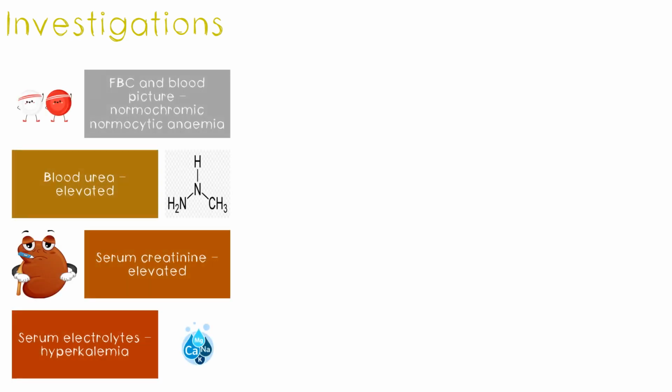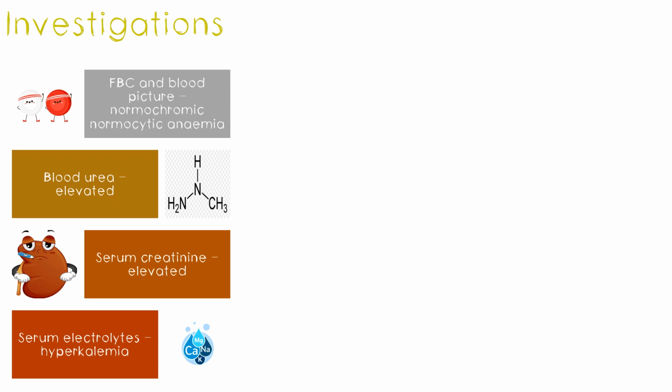So, in order to diagnose the disease and look for complications, we do an array of investigations. If we do a full blood count, we will see a normochromic normocytic anemia associated with the erythropoietin deficiency. We can diagnose the condition by doing a serum creatinine level, and we may also see elevated blood urea because of the accumulation of products of nitrogenous waste.